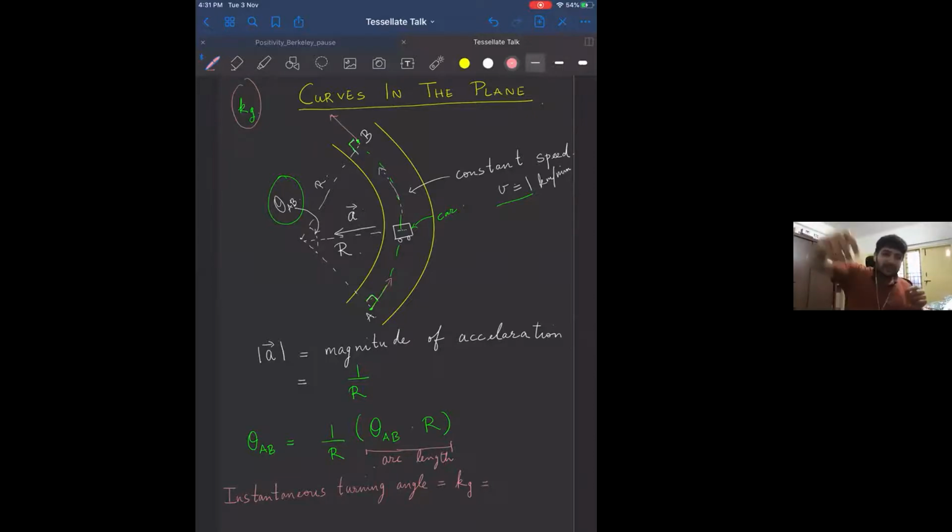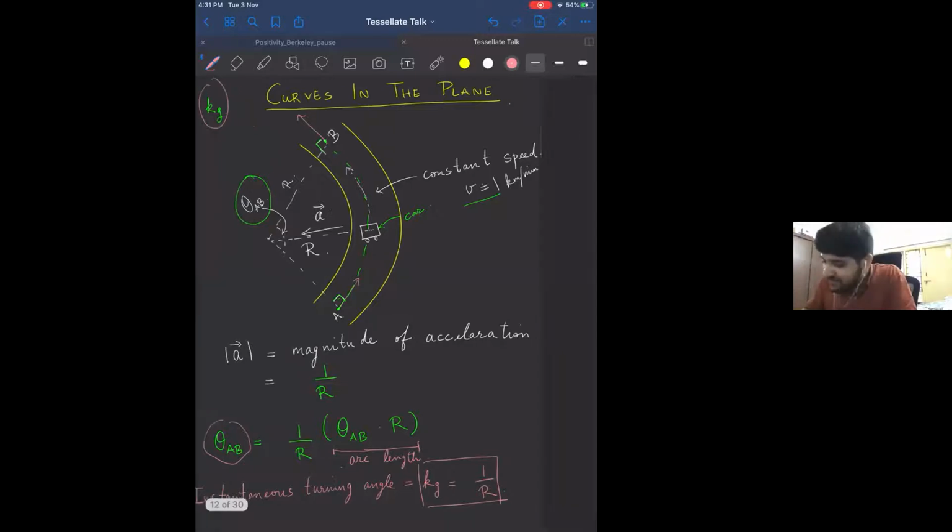So over a distance traveled, which is equal to theta times r, I'm turning an angle of theta. So what is the instantaneous change of angle? That's basically 1 over r. Okay, so in this very simple setting, the turning angle is basically 1 over the radius.